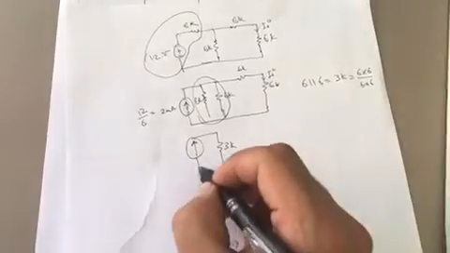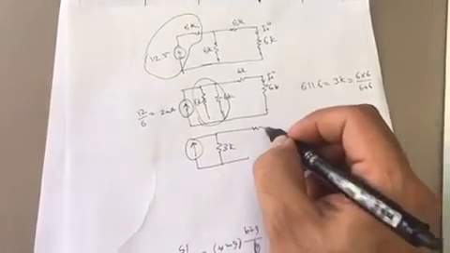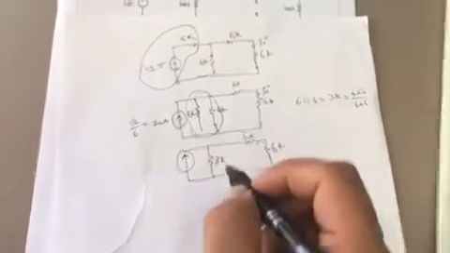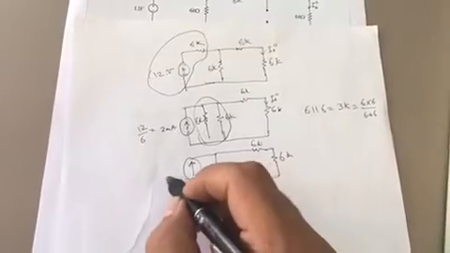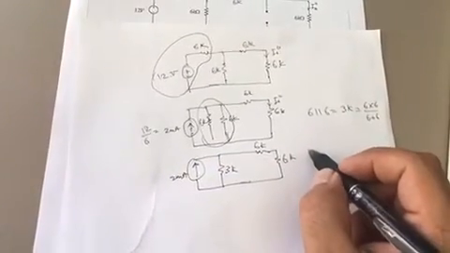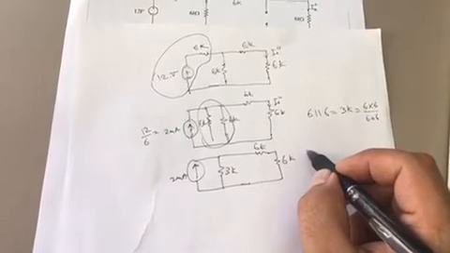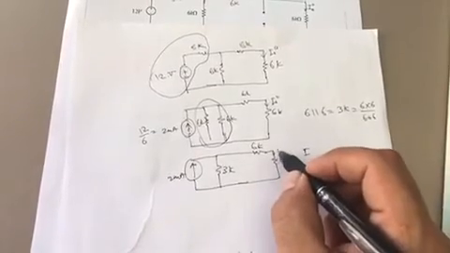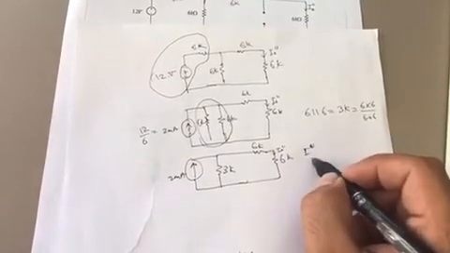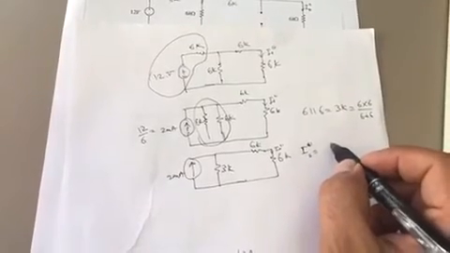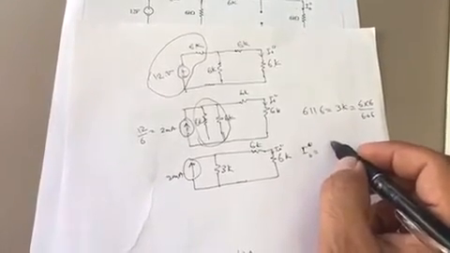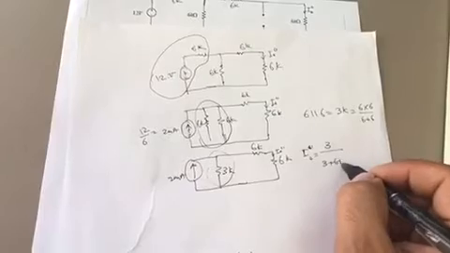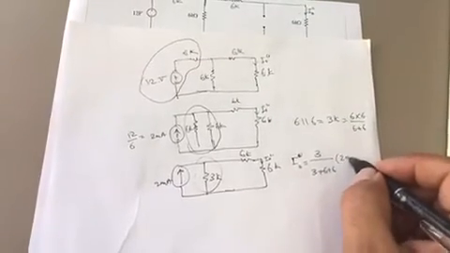So I have a 3K over here, and a 6K and a 6K over here, and this 2 milliampere. So my current is going to be a current division again. I0 double prime is actually the 3, we use this resistor, over 3 plus 6 plus 6 times 2 milliampere.